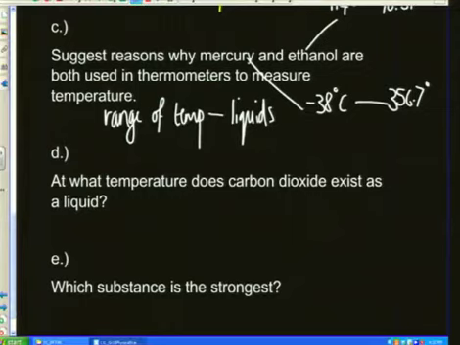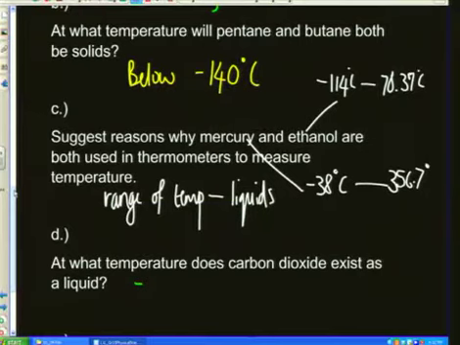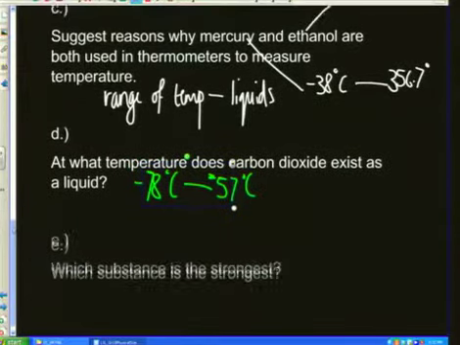It was from minus 78 to minus 57. Anything between those two values.